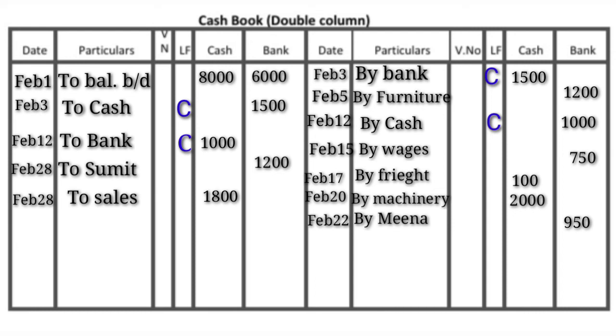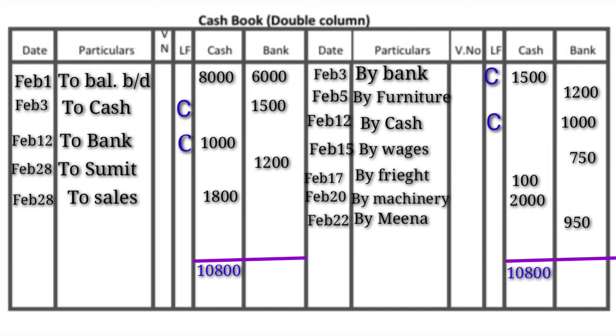Now we need to balance the cash column and bank column separately. First we can balance the cash column. In debit side total amount is coming 10,800 and credit side of the cash book total amount is coming 3,600. So debit side is more amount. So this 10,800 we will write here in debit side and credit side and calculate the difference amount.